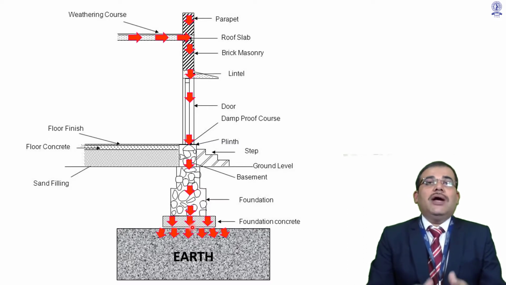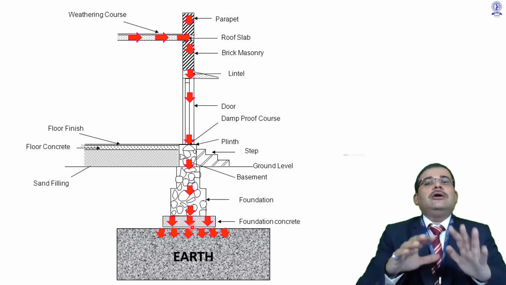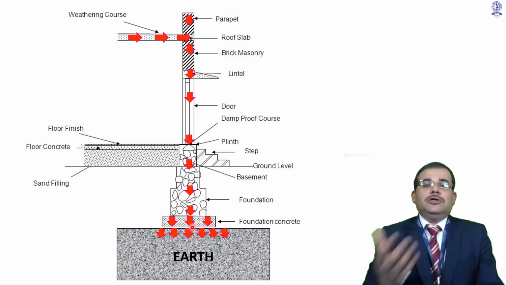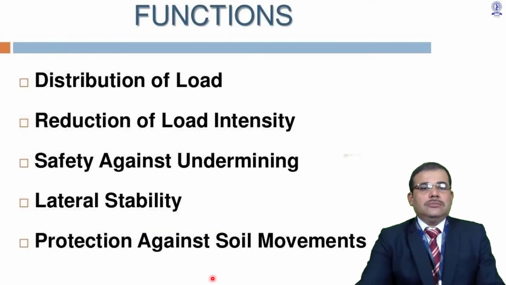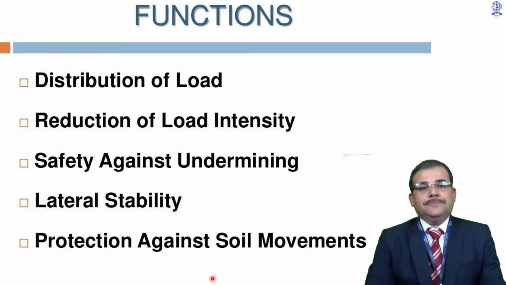Why is it essential to make the foundation so broad? Because it provides the maximum area to distribute the load, and that is why the load is transferred to the earth.